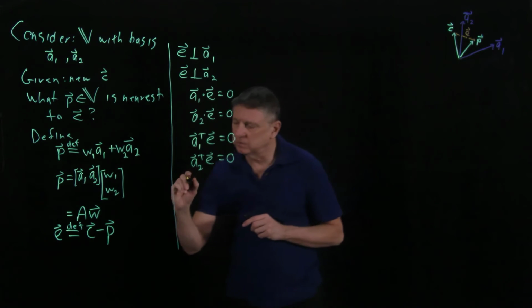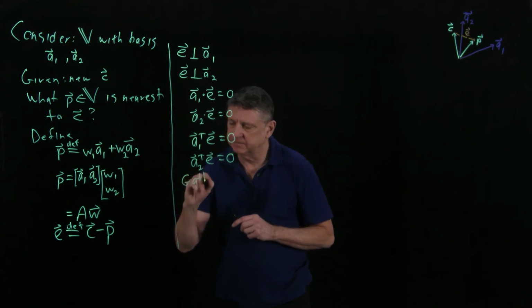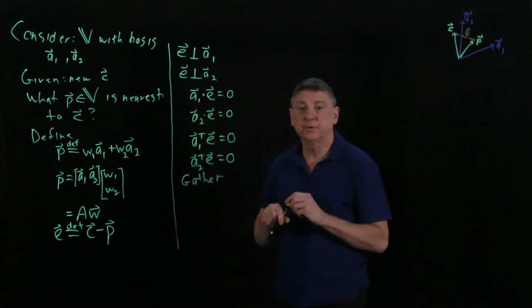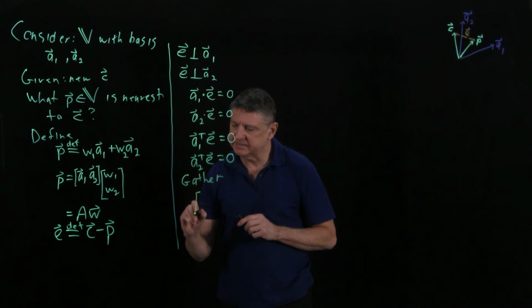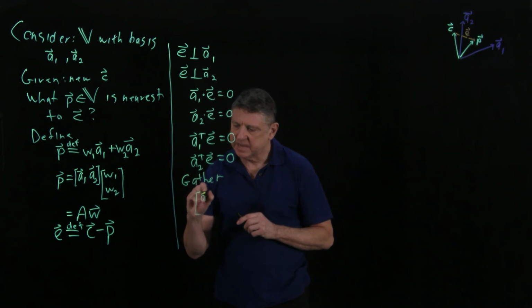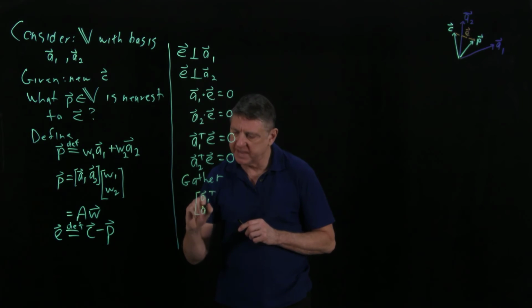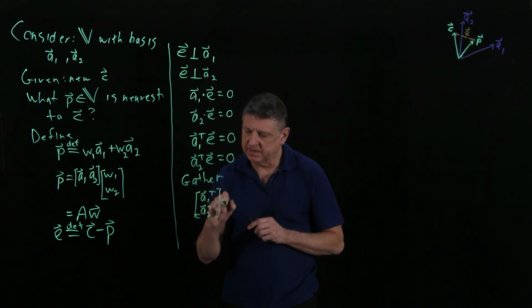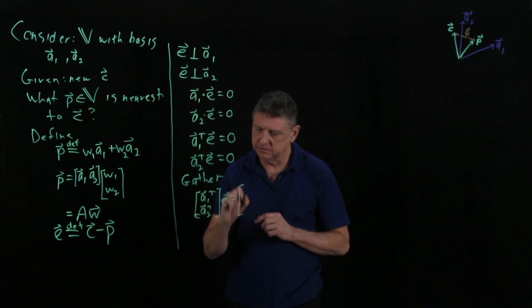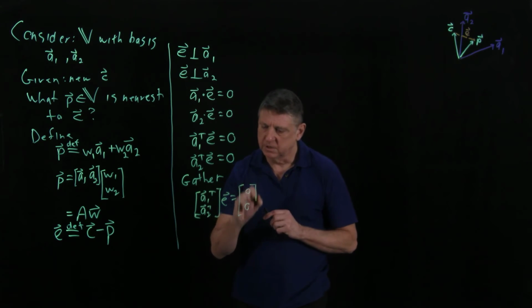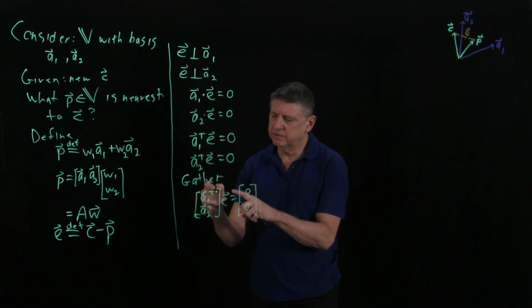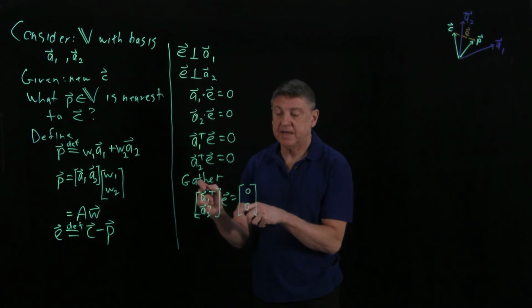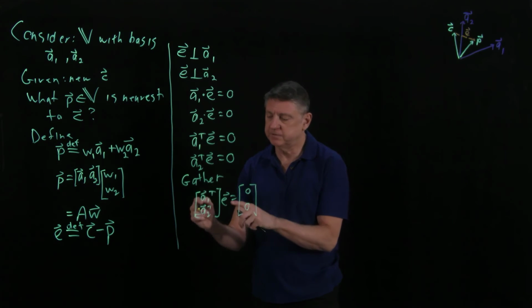So now let's gather these again. Let's do another big gathering. And let's check that that is the same as A1 transpose, A2 transpose, times E equals 0, 0. Let me cross-check. That would be A1 transpose E, so that's a scalar, equals the first entry.